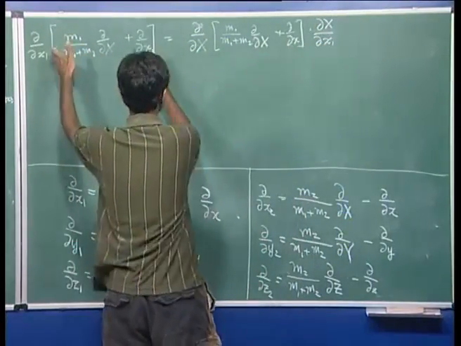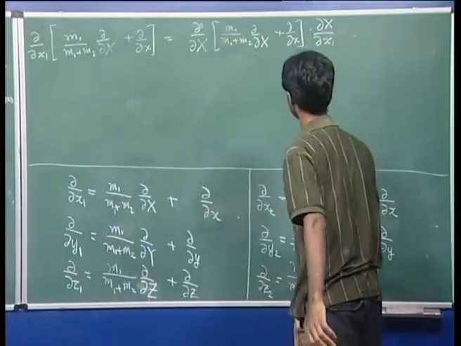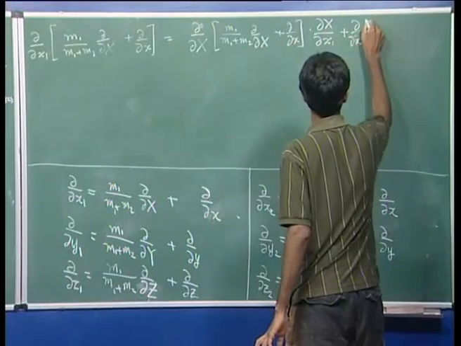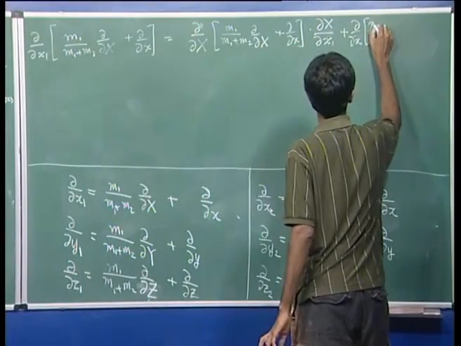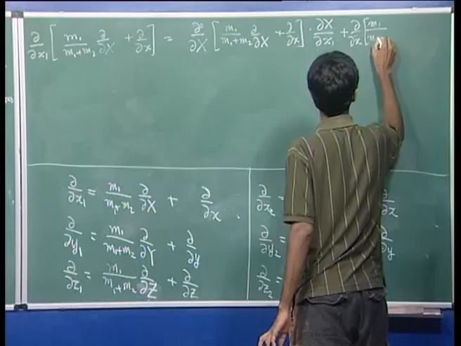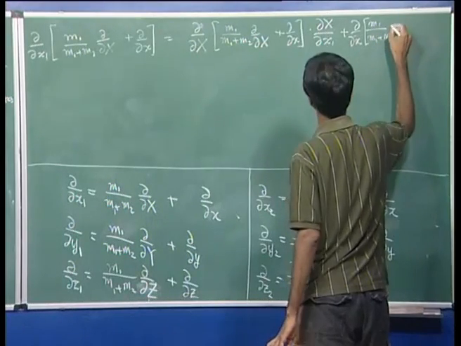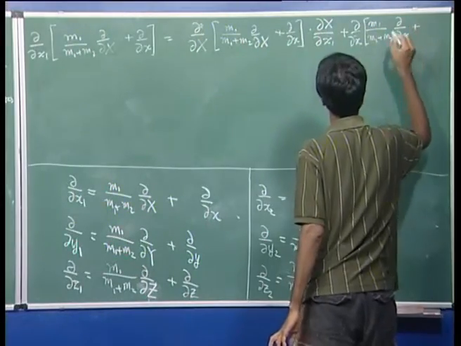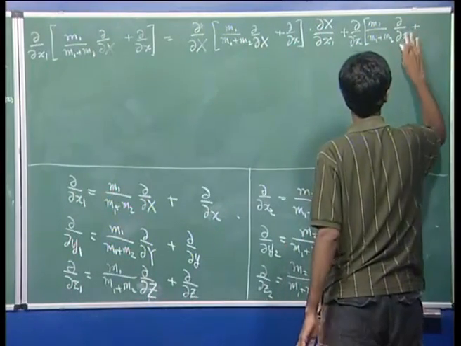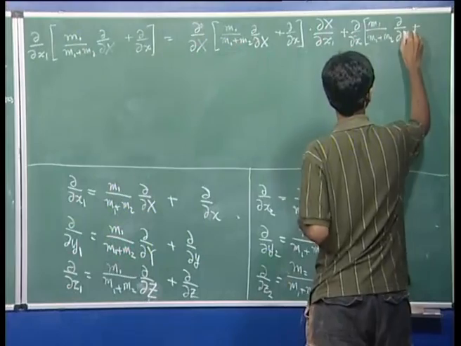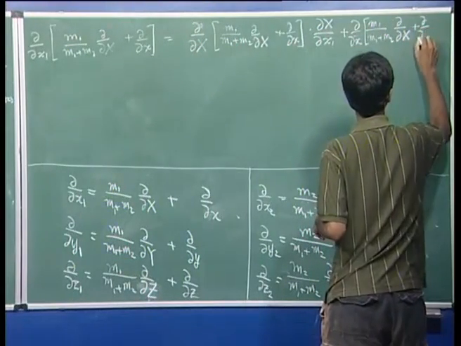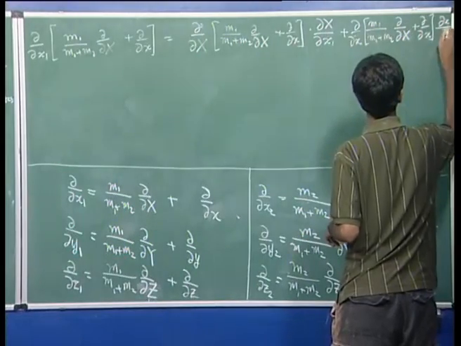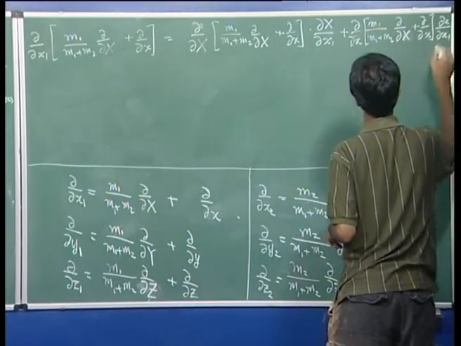I just take this and put it here, plus I will get d by d little x of the first derivative into dx by dx1.